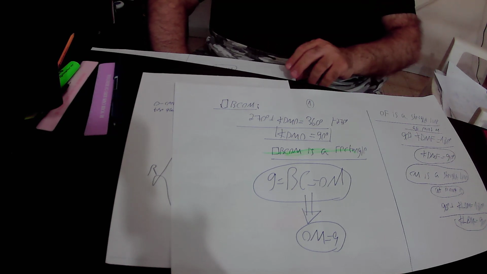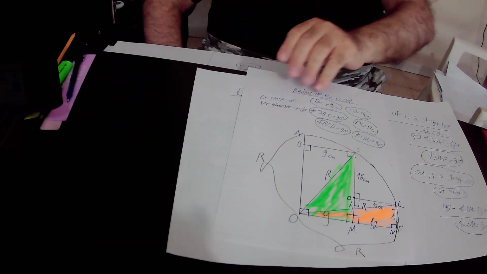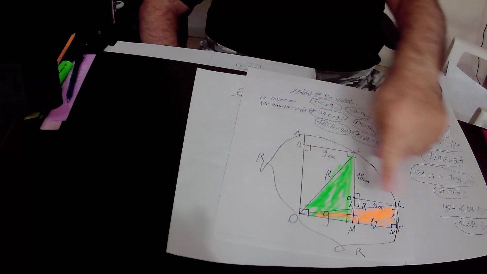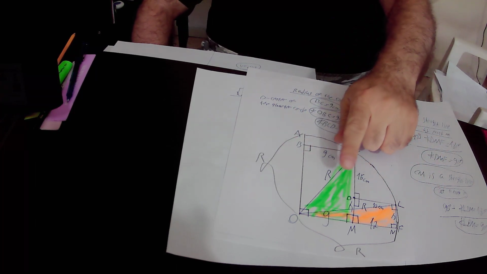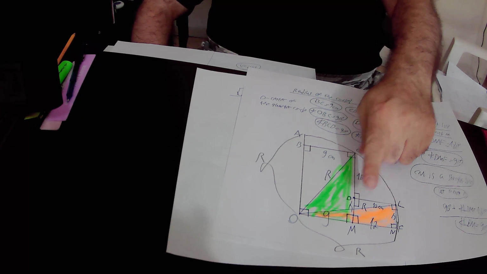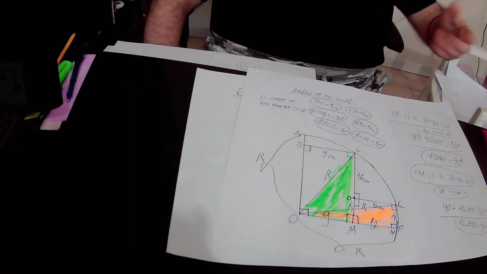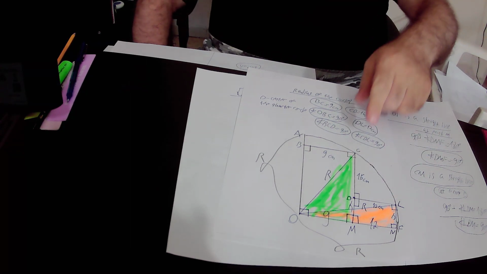Here we have the straight line OF. If we focus on the upper side of the straight line OF at point M, then the sum of the angles here must be equal to 180 degrees according to the rule I mentioned. Which angles do we have here?